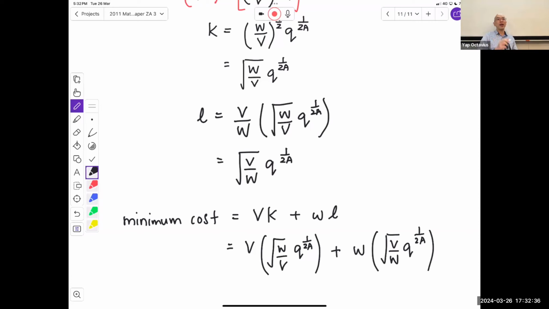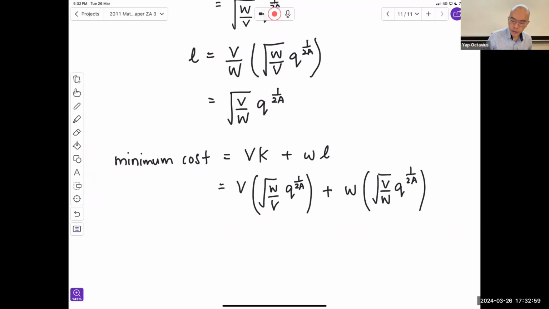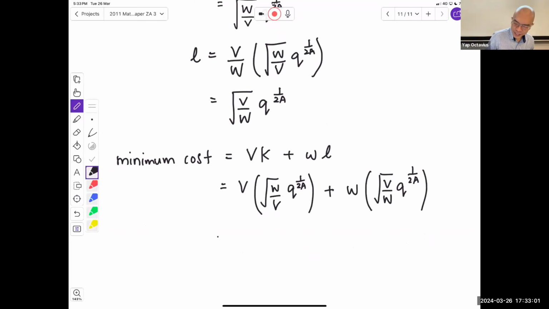Correct? VK plus WL, right? It looks difficult, only looks. The actual thing is not difficult. This thing can cancel. This one can cancel. This one can cancel. Okay, so let me take out this one first. This is common factor, so I put outside first. I'm going to do the cancelling inside.